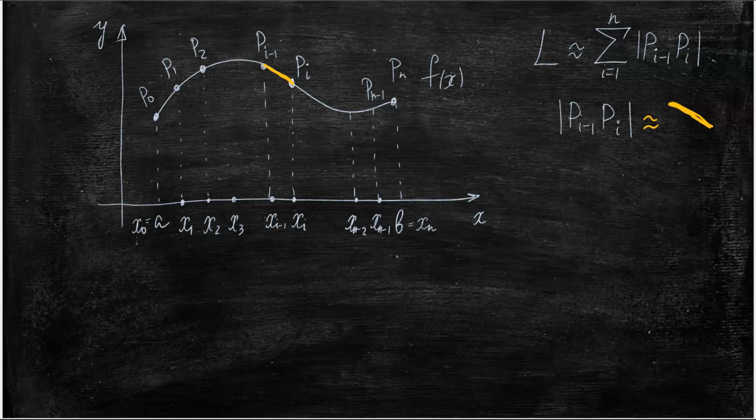So if we zoom in and look closer at what's happening between xi minus 1 and xi, we're going to see something like this.